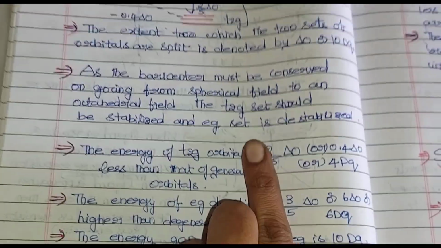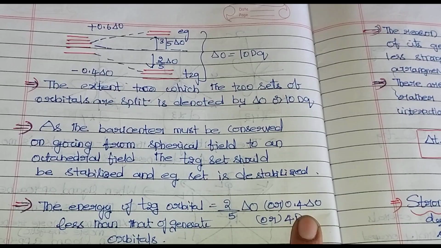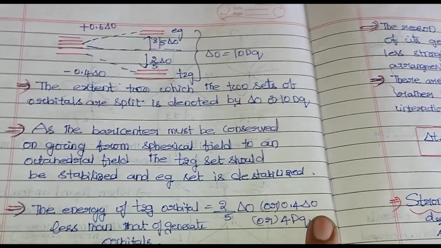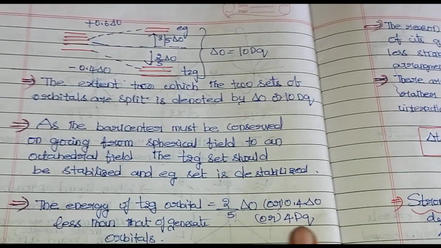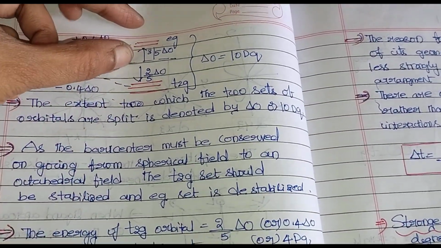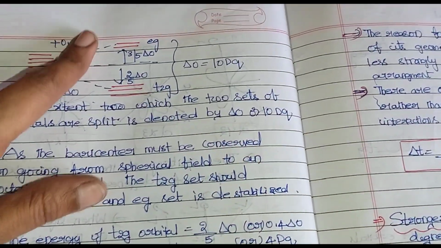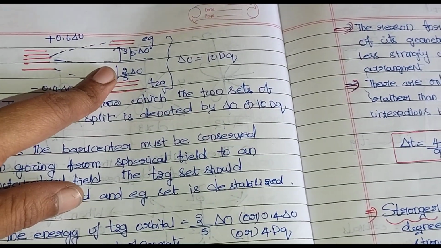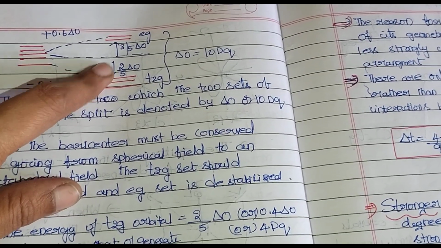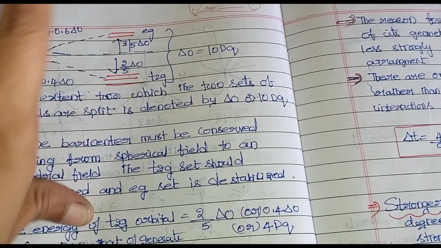We can also say 2 by 5 is equal to 0.4 delta 0, or simply 4 Dq. This is 4 Dq, this is 6 Dq, 4 plus 6 is 10 Dq. Remember this. Like this we split: 2 by 5 delta 0, or 0.4 delta 0, or 4 Dq; 4 Dq, 6 Dq, 10 Dq.